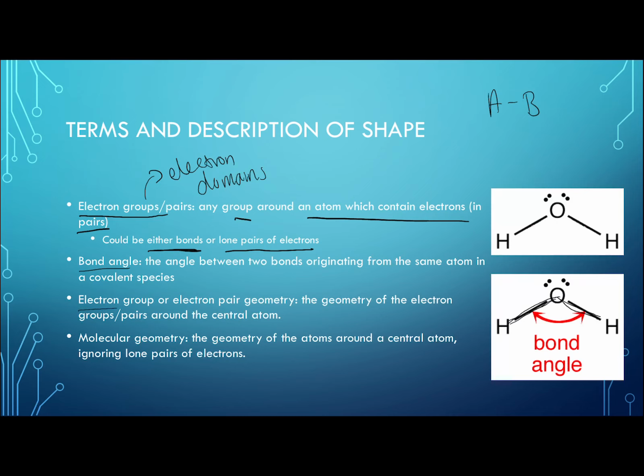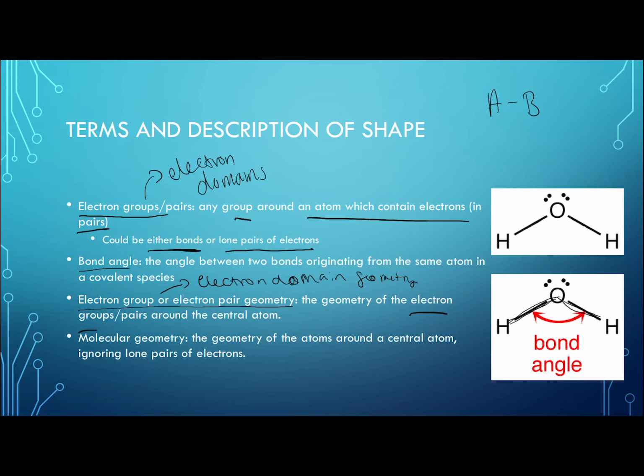Next, electron group or electron pair geometry or electron domain geometry. This is going to be the geometry of the electron groups.